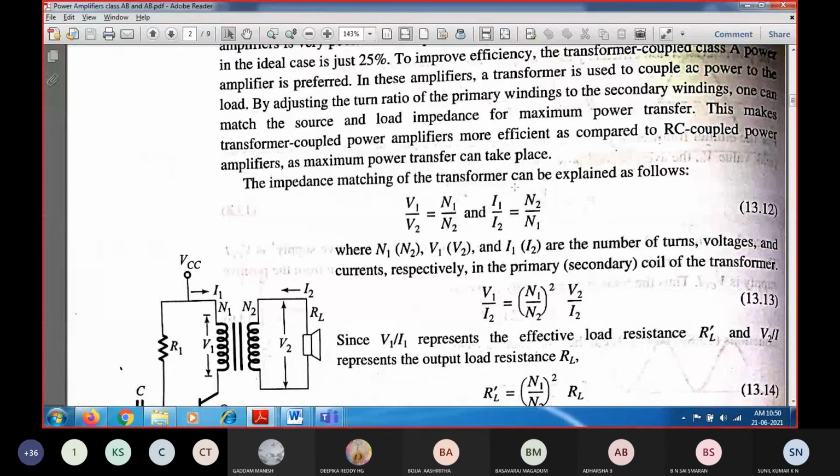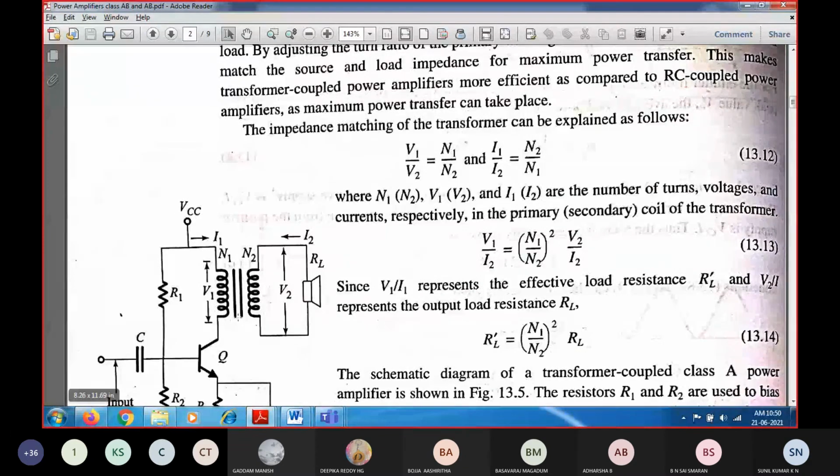With the impedance matching of the transformer with the load resistance, we have V1 by V2. V1 is the voltage across the primary winding of the transformer, and V2 is the secondary output voltage. N1 and N2 correspond to the number of turns in the primary and secondary windings, and I1 and I2 correspond to the currents flowing in the primary and secondary windings.